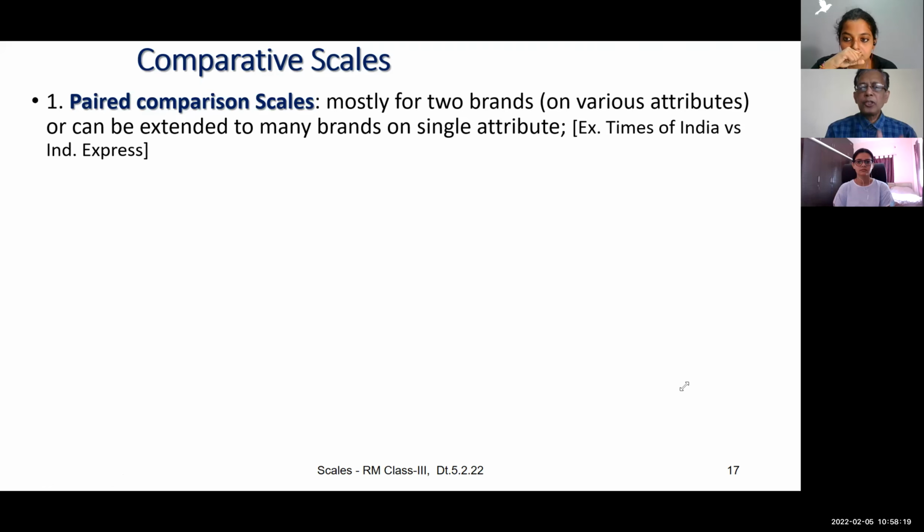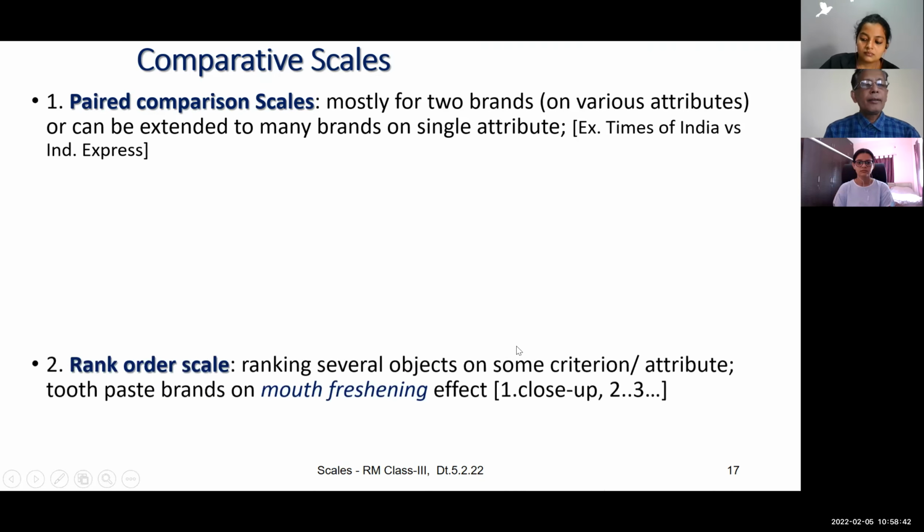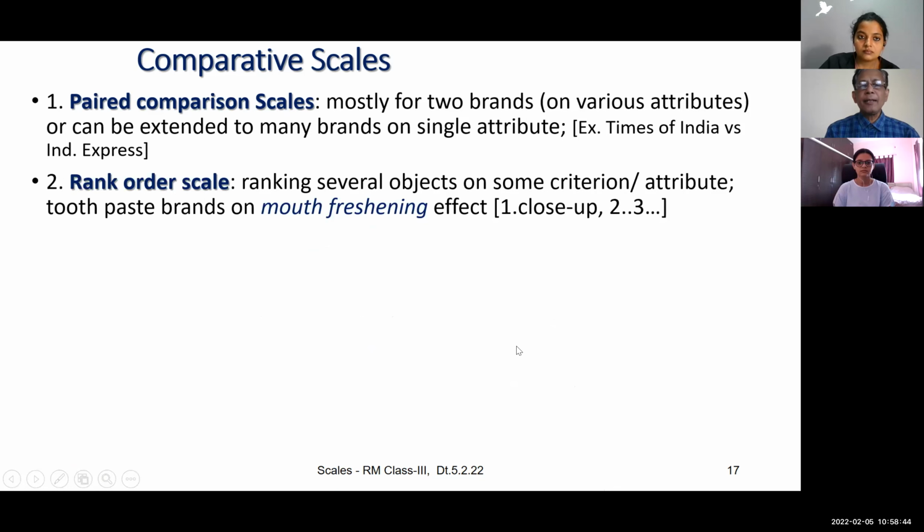Sports feature: who is good, who is better? And political news: who is good, who is better? So, if you are comparing two competing brands on several attributes, that type of comparison survey, we put under paired comparison scale.